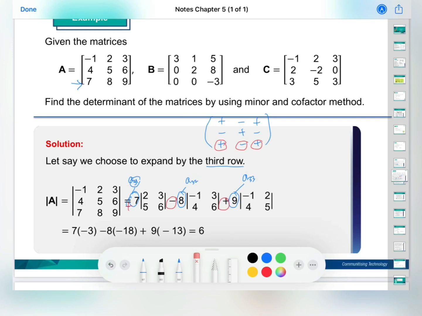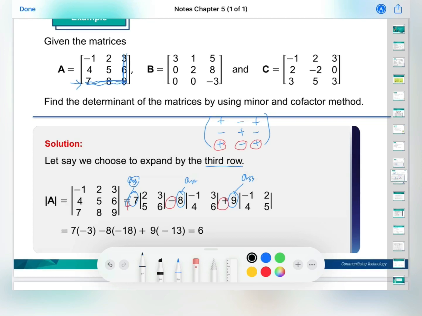Then the negative 1, 3, 4, 6 is when you eliminate the third row with the second column. And lastly, you have negative 1, 2, 4, 5 when you eliminate the third row with the third column.